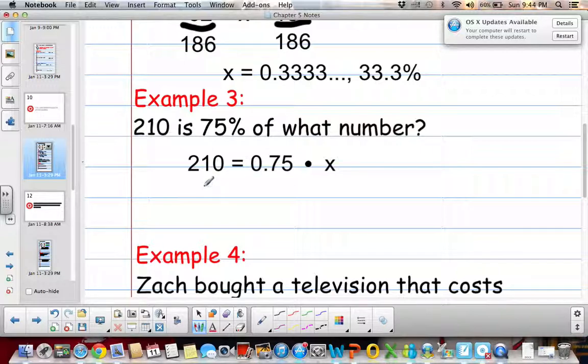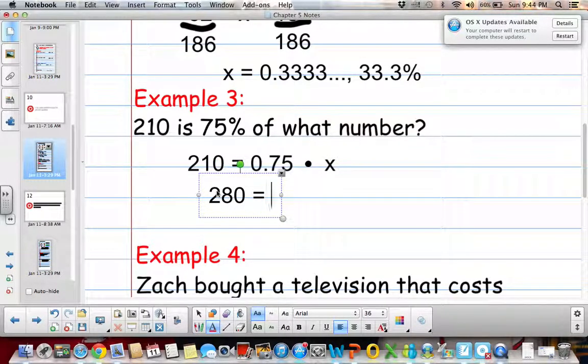If I do 210 divided by 0.75, I get 280. So 280 equals x. That means that 75% of 280 equals 210. And we can actually check that by going 0.75 times 280, and we get 210.